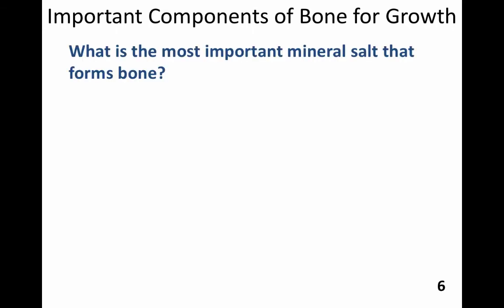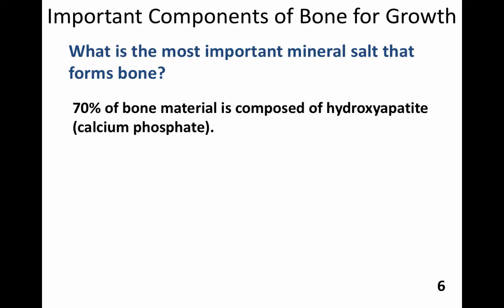So let's talk about the important components of the bone for growth. What is the most important mineral salt that forms bone? Hopefully you said the material known as hydroxyapatite. And this is essentially a nice word for calcium phosphate.